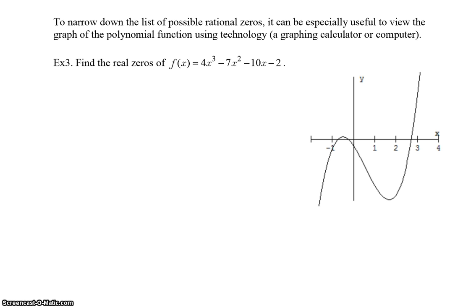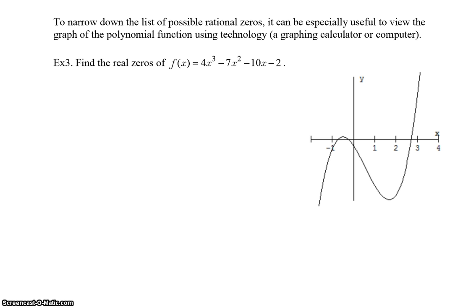Moving on now, a very good approach to narrowing down the list of possible rational zeros obtained from the rational zeros theorem is to produce a graph of the polynomial function.